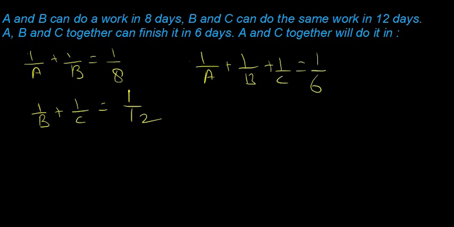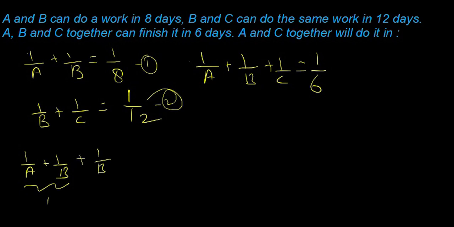Let's sum up equations 1 and 2 so that we can do something further. So you get 1 upon A plus 1 upon B as equation number 1, and 1 upon B plus 1 upon C is equal to 1 upon 8 plus 1 upon 12. This is the first method you can use.